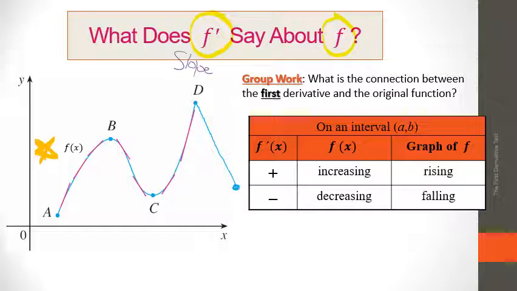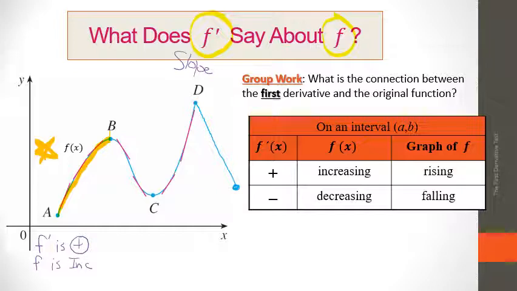So from A to B, the slope is positive. And if we trace the graph, the function f is increasing.